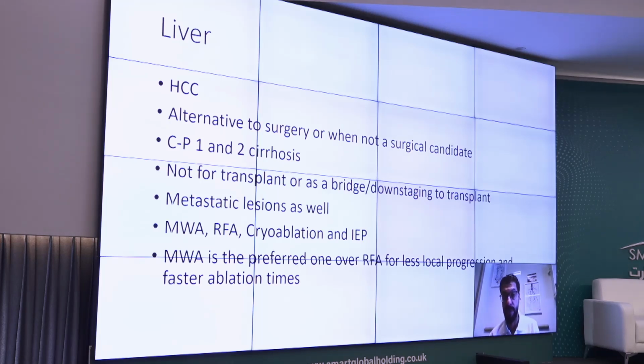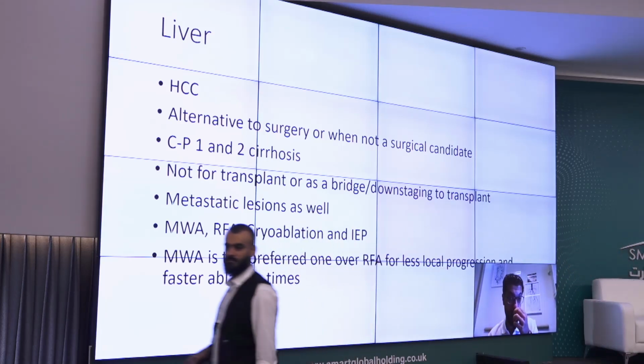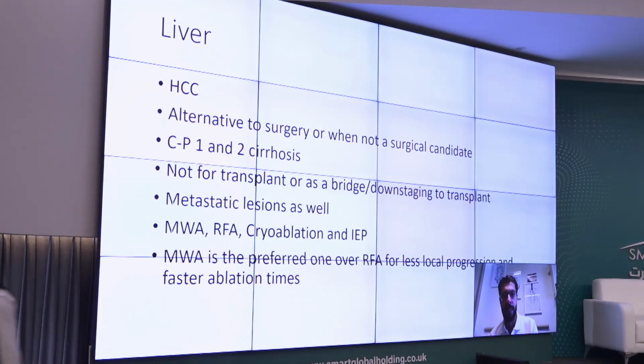and we are also using it for metastatic lesions. So we use it for metastatic breast and metastatic colorectal lesions, and the common modalities that we're using are cryoablation, microwave ablation, radiofrequency, and electroporation. It's also important to know that I personally use a lot of microwave ablation, and it's very effective in the liver.